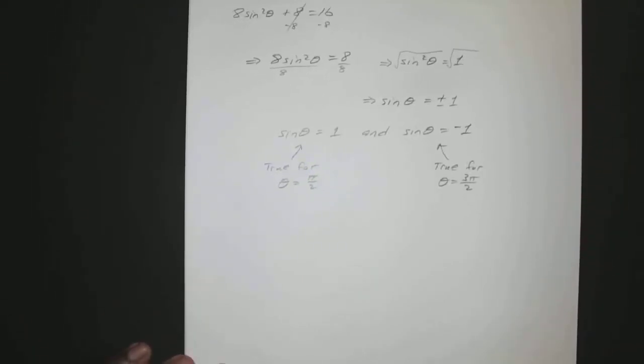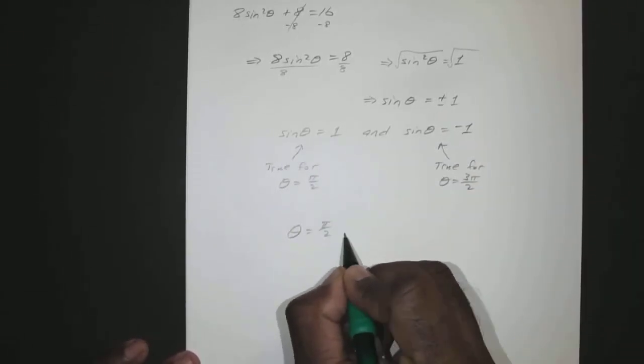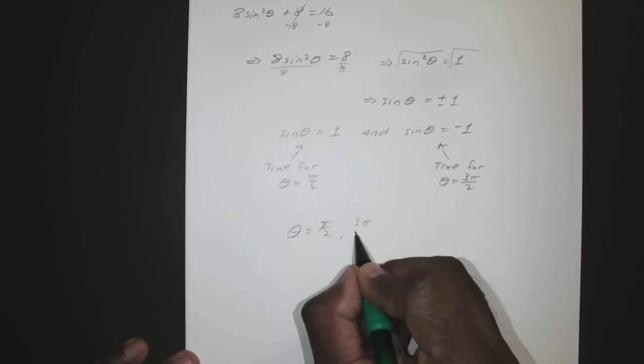Since those are really the only values between 0 and 2 pi, of course you can add 2 pi and go to the same spot, but between 0 and 2 pi, those are your only two solutions.